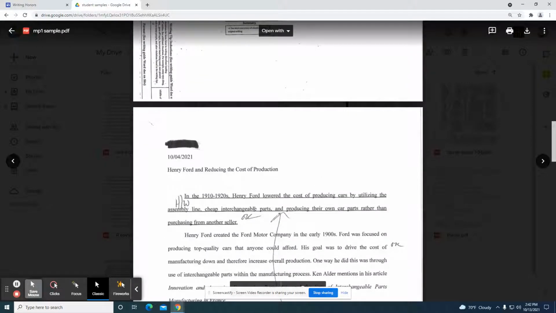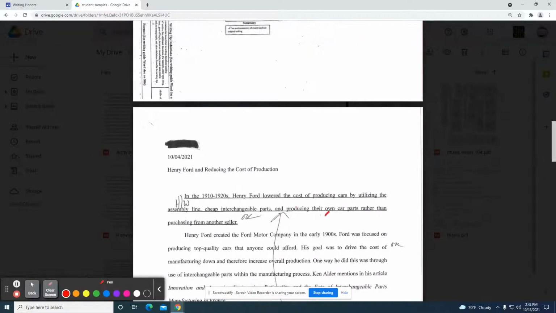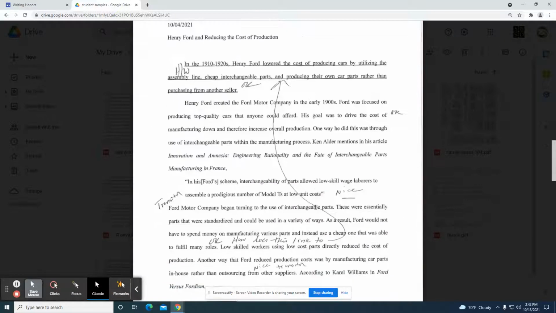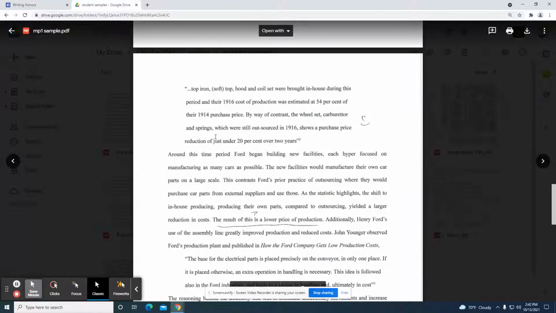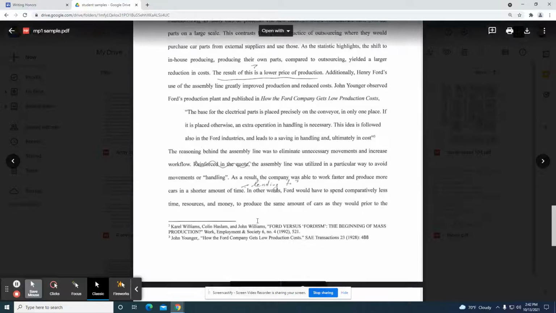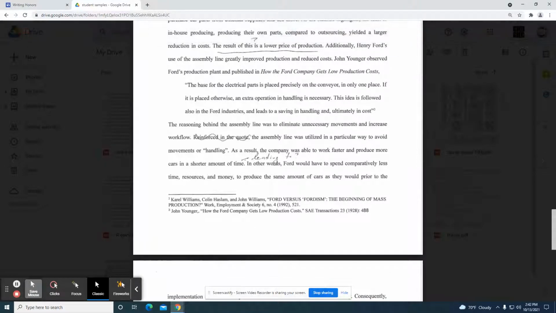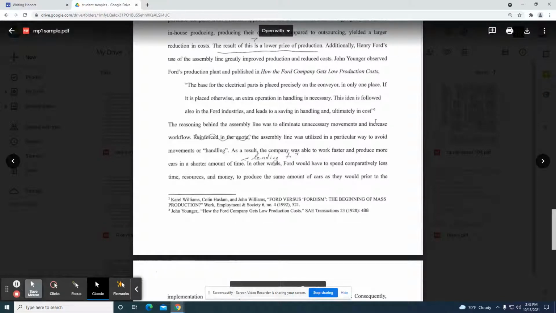So those three parts are addressing the thesis here. There's a direct connection. Remember, they're trying to say that Ford was able to lower the cost of producing cars. Their sources address that particular point, especially that section that I just highlighted, low unit cost, this section, purchase price reduction, and so on.